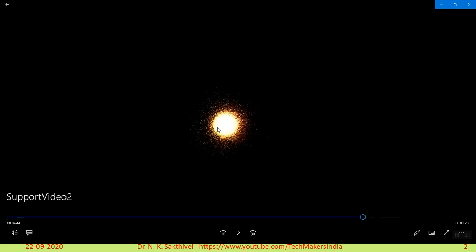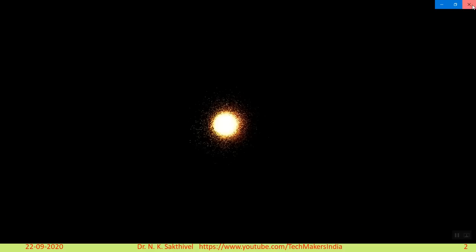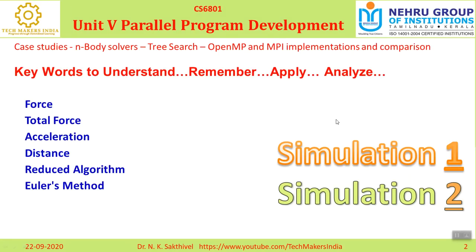So with these words, I would like to stop the demonstration, and we will focus on the theoretical ideas. From this simulated output and the video, I hope you understood that a large number of particles are moving and attracting each other, and because of gravitational force, force is generated, acceleration is happening, and velocity needs to be measured, along with a lot of other demands.